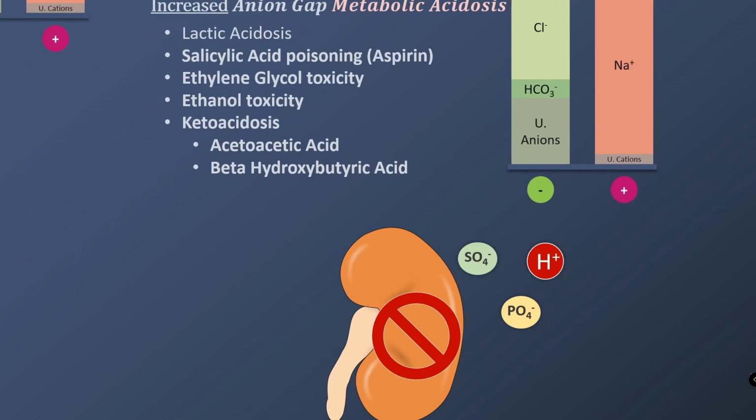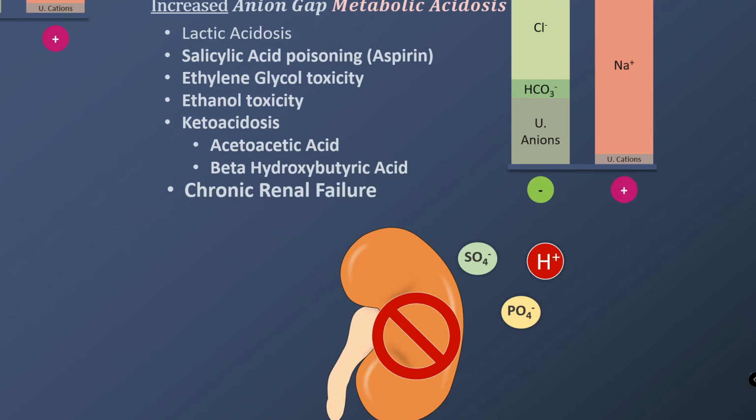Yeah, it will lead to metabolic acidosis. And not only metabolic acidosis, but these sulfate and phosphate, these unmeasured anions, are also increasing. So this type of metabolic acidosis won't be normal anion gap, but it will be increased anion gap metabolic acidosis.